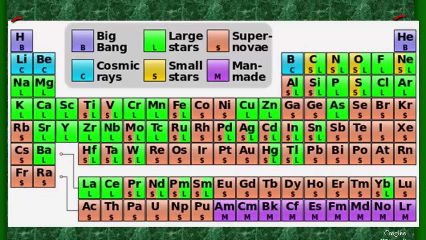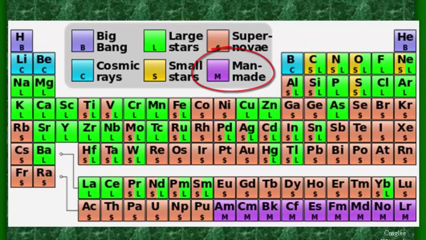First of all, you see hydrogen and helium there. Hydrogen and helium were formed in the Big Bang, so we know how they formed. But then lithium, beryllium, and boron, they're formed by cosmic rays in our atmosphere. Don't have to mess around too much with that. The elements in the purple are made by humans.